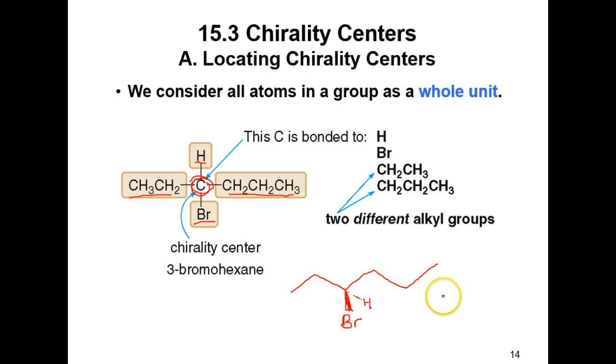The enantiomer of this would be where the bromine is going back instead of forwards. So here's your bromine, and here's your hydrogen. These molecules are not superimposable. Imagine if I took this molecule and flipped it over, the bromine would be coming out, but on this side over here.